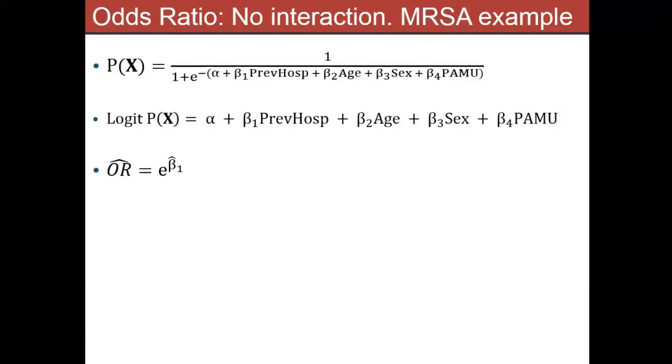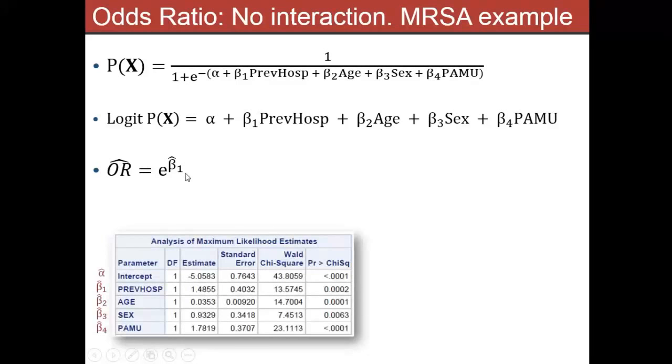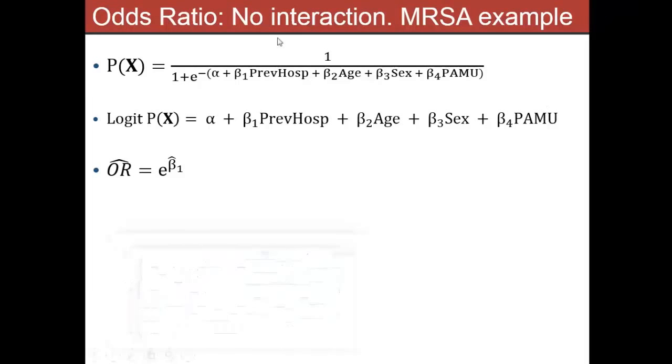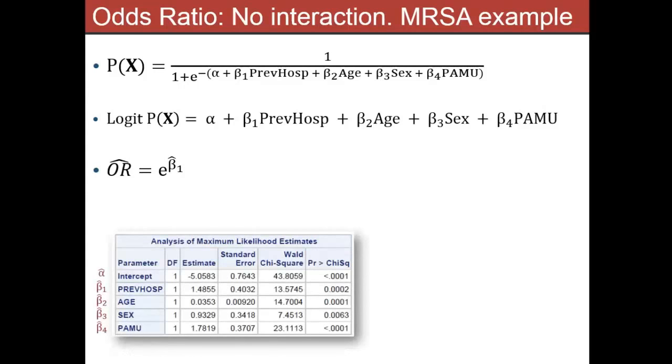Again, in our specific example, here was our model in the probability form. Here's the logit version, and the odds ratio is e to the beta 1. This is nice to see in PowerPoint, but if I actually had a data set, what would this look like?